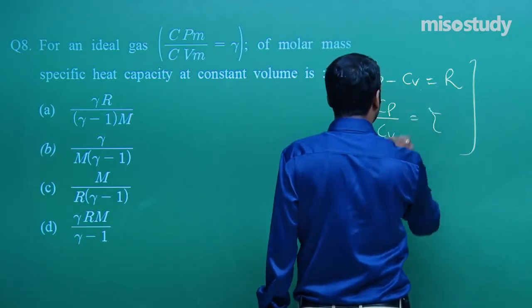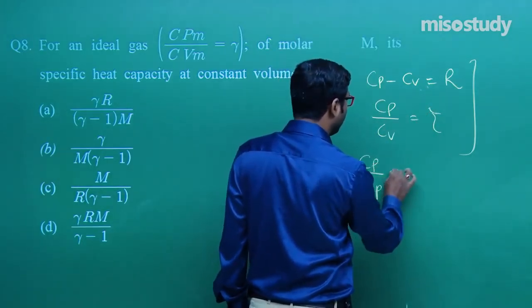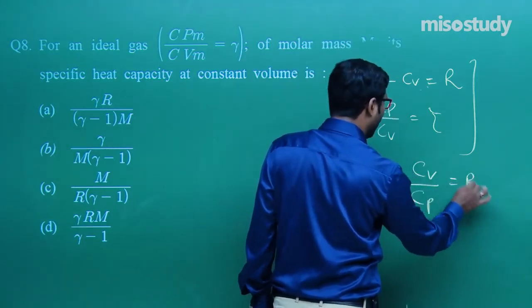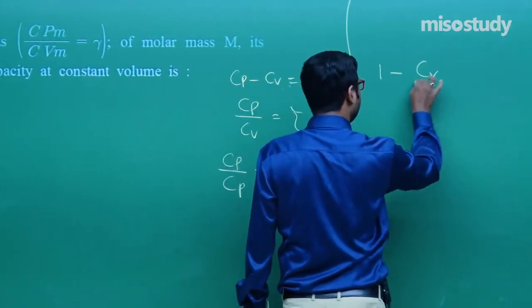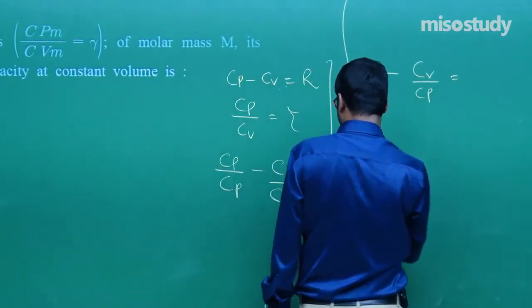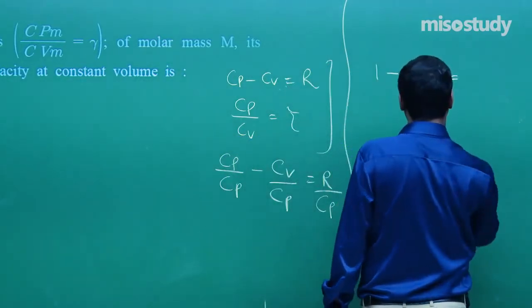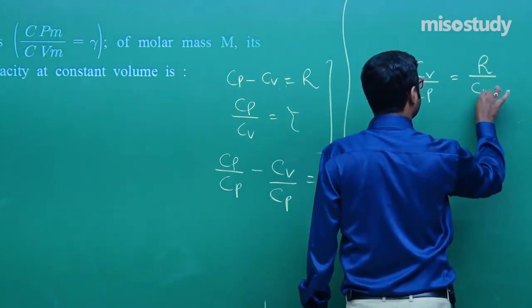If I divide Cp minus Cv by Cp, it is equal to R upon Cp. So 1 minus Cv upon Cp is equal to R upon Cp.